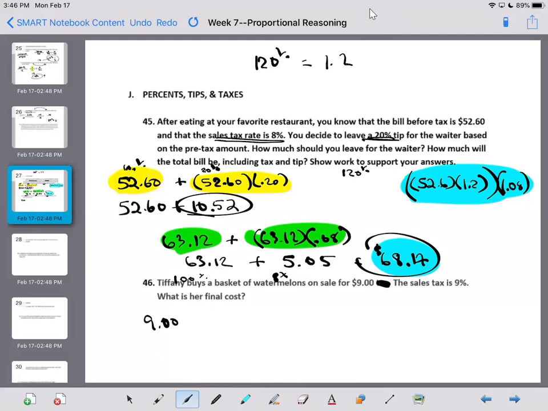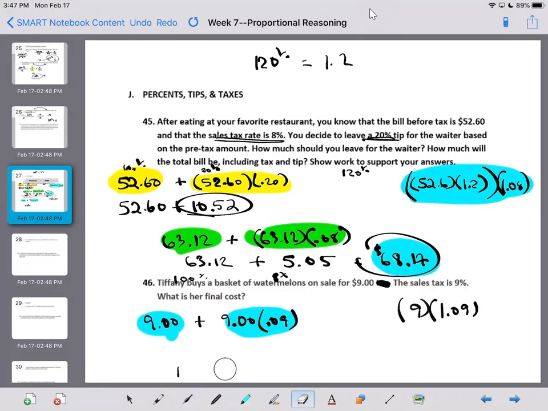Well, we know that 9% is 9/100. So we know that we're going to pay all of this and 9% of that. So what's 100% plus 9%? Well, that's 109%, which as a decimal is 1.09, multiplied by 9.